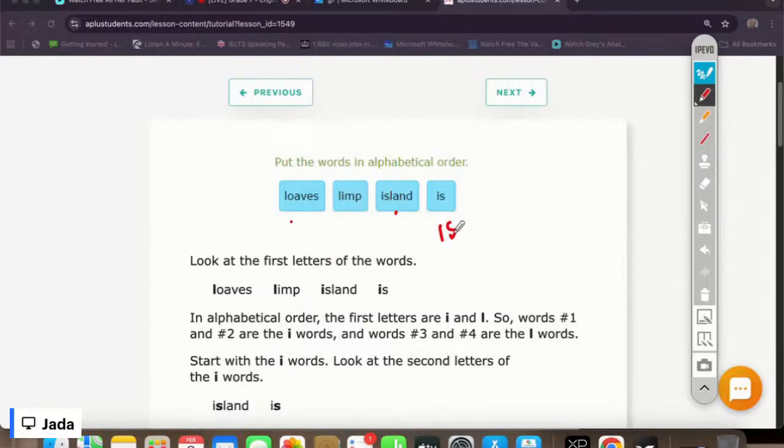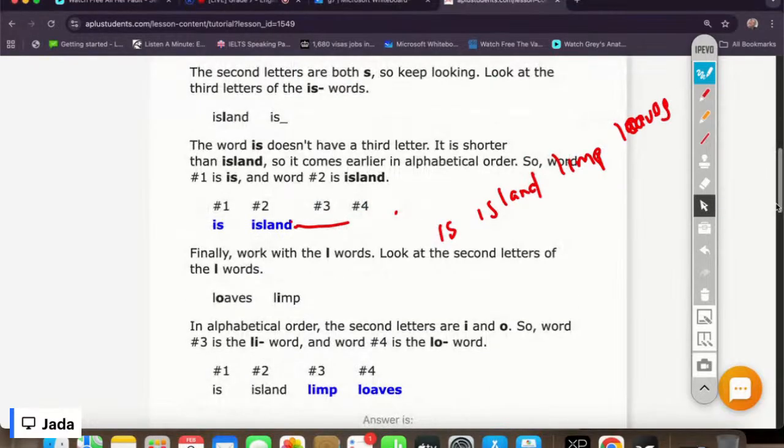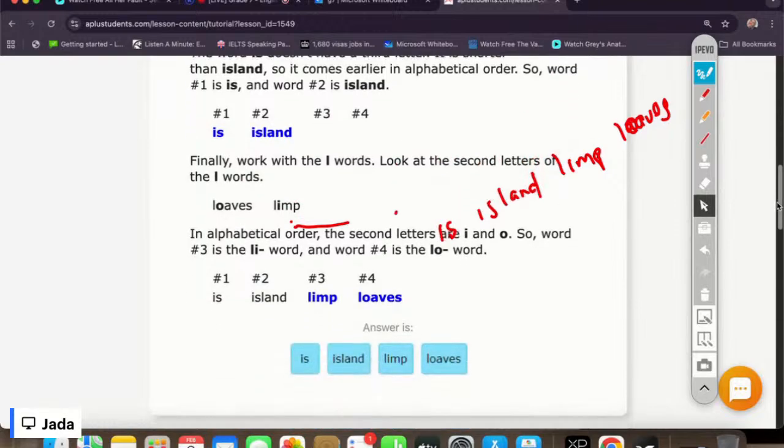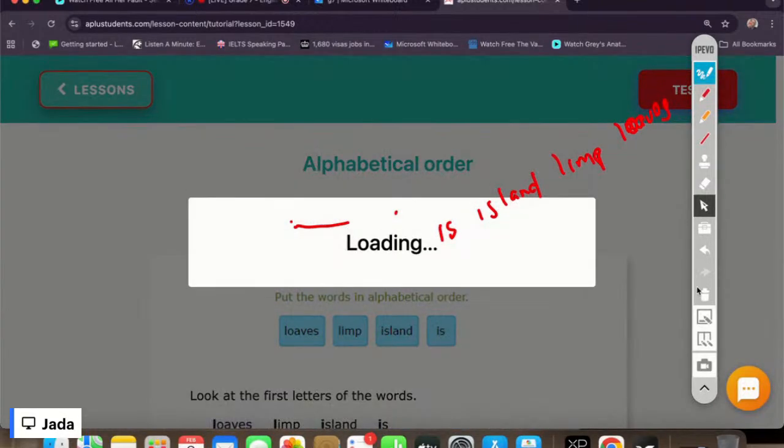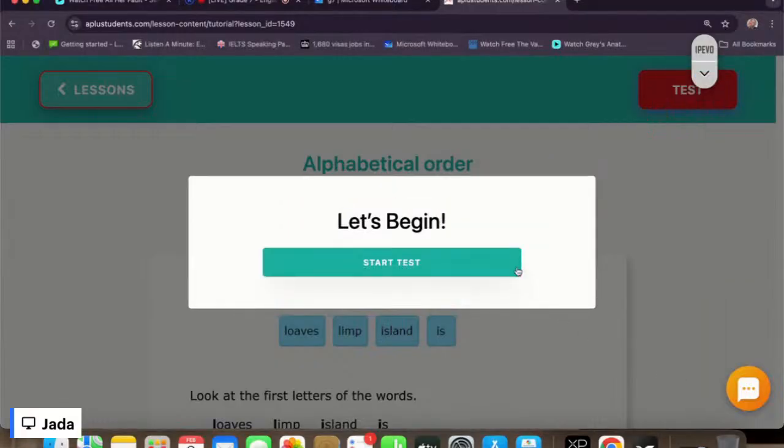So we have is, then island. Then we have L O or L I. We have limp, and then we have loaves. Because you can see that the words are all different, you have to arrange them according to the alphabet. Okay, let's go to the test and you can share your answers.